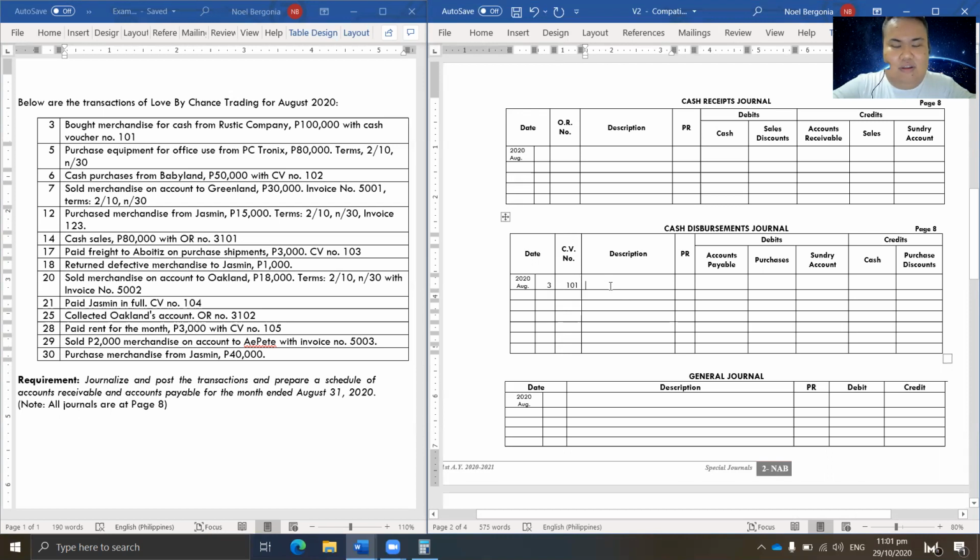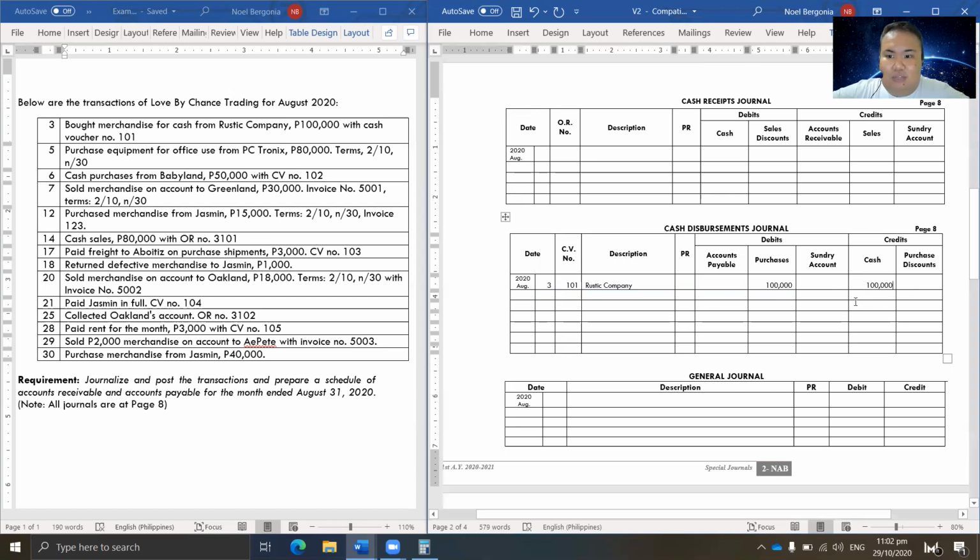You could put for cash merchandise, or even Rustic Company. Then there is no PR yet because we haven't posted it yet. It is not accounts payable. We have to debit that as purchases, amounting to 100,000, since that's a purchase of merchandise for cash. And then the partner would be cash, 100,000.